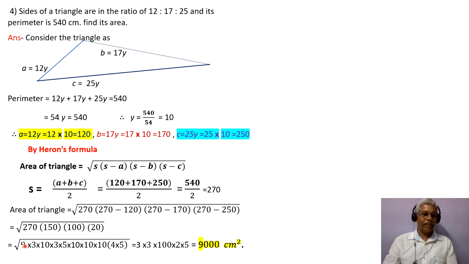So I am taking this 9 out as 3. Now this 3 into 3 is another 3. Now there are 4 tens, so 100, and now this is 2, and 5 and 5 are all covered. So this equals 9,000 centimeters square. That's your answer. Very simple.